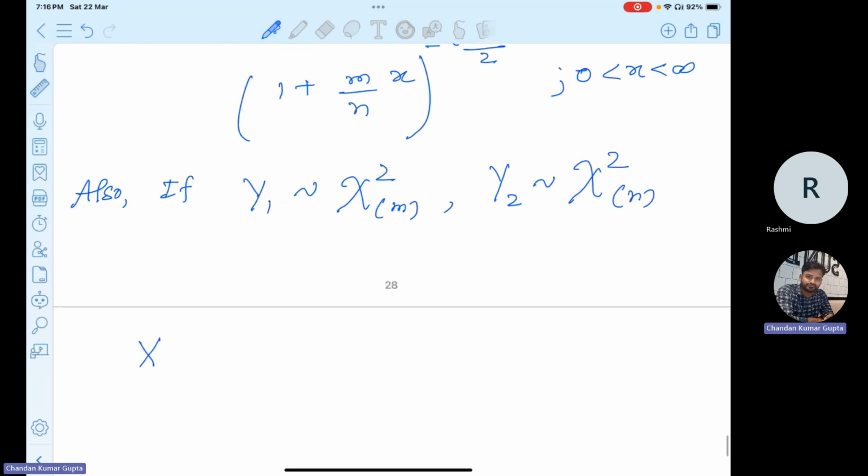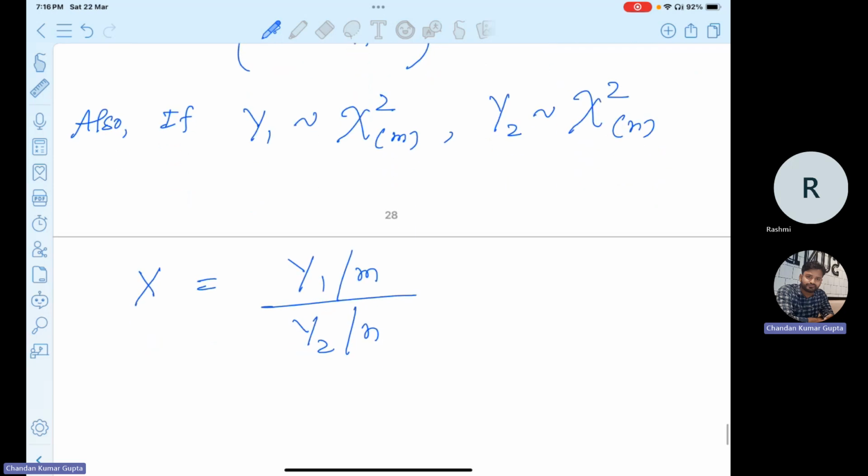Then a transformed random variable x, defined as (y1 divided by m) divided by (y2 divided by n), follows f distribution with m and n degrees of freedom.